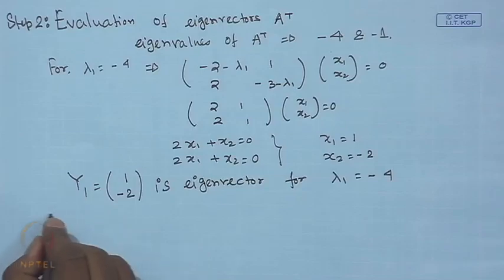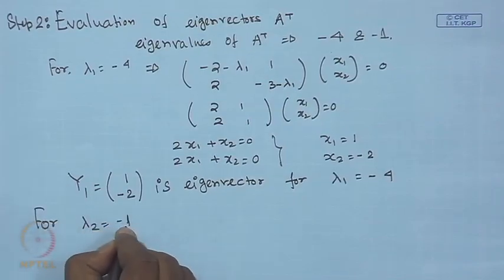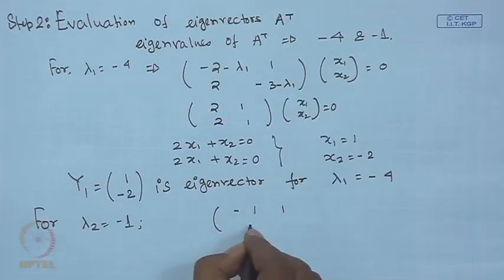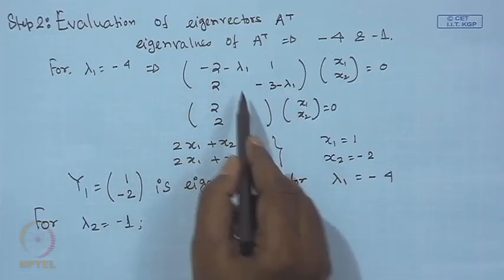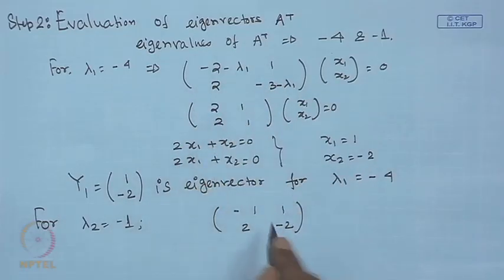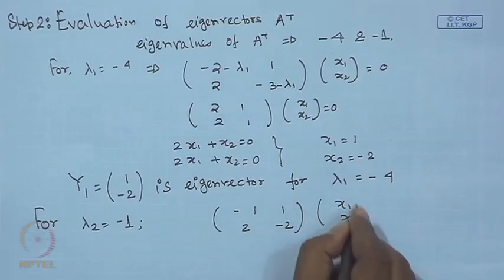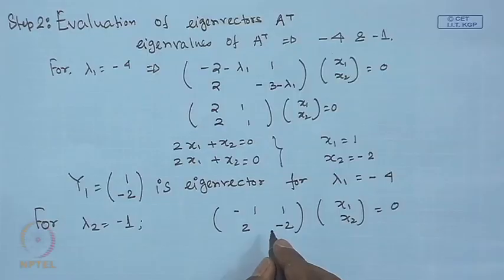In case of lambda 2 is equal to -1, you will be having -1 1, 2 -2. I am just writing from this equation, I have omitted one step here. They are identical. By now, it has to be clear to you, and you also know how to evaluate eigenvectors given a matrix.